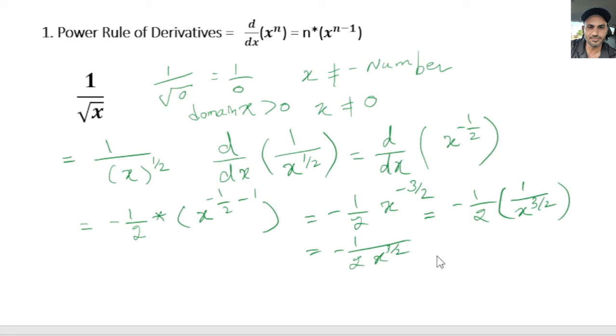To simplify it further, you can write it as 1 over 2, and it's x to the 3rd power, and that's raised to 1/2. And then we can further simplify it, this is just a little manipulation using the laws of exponents. So we have 1 over 2, times the square root of x cubed. That would be our final answer.